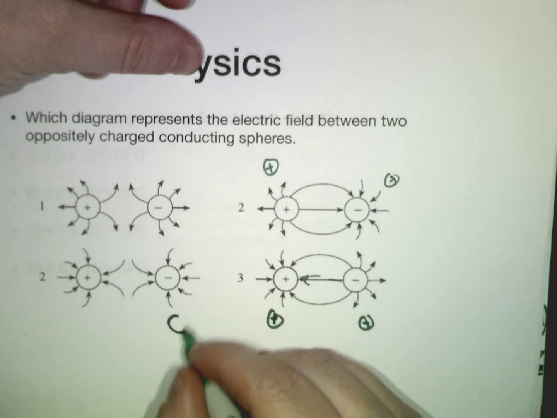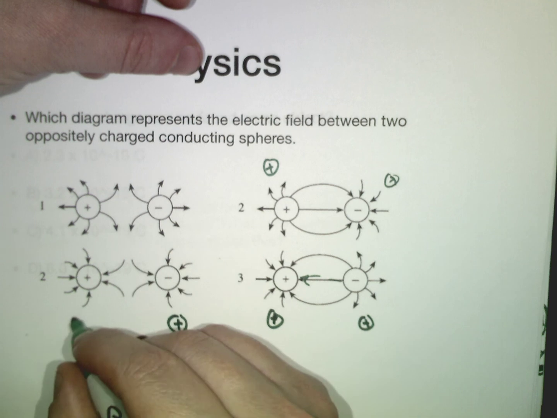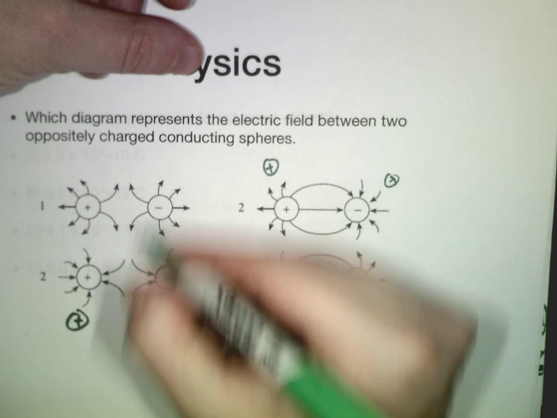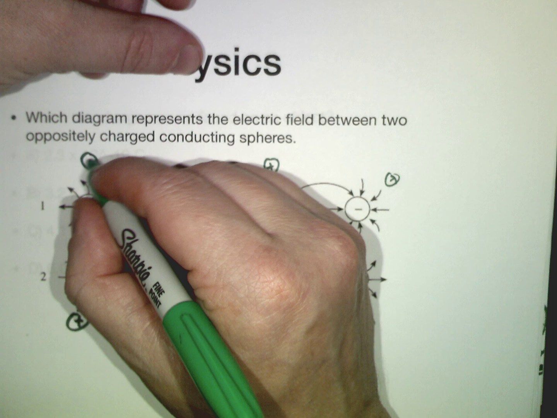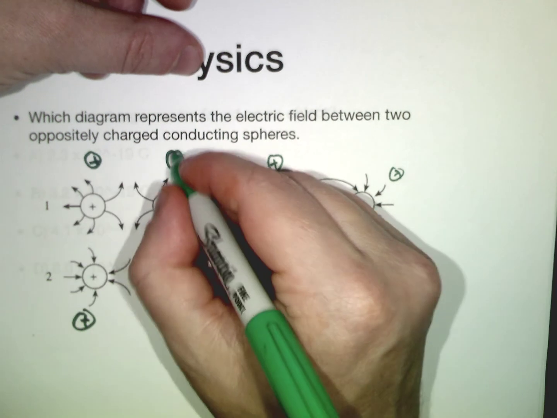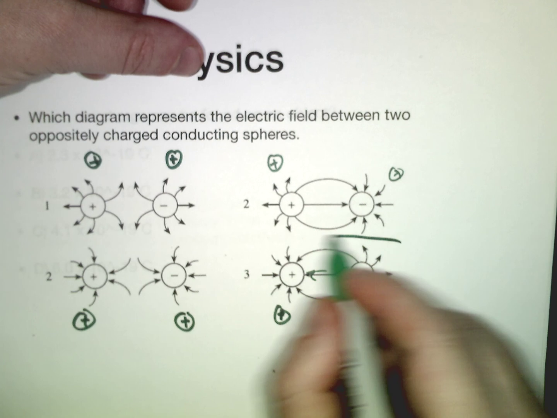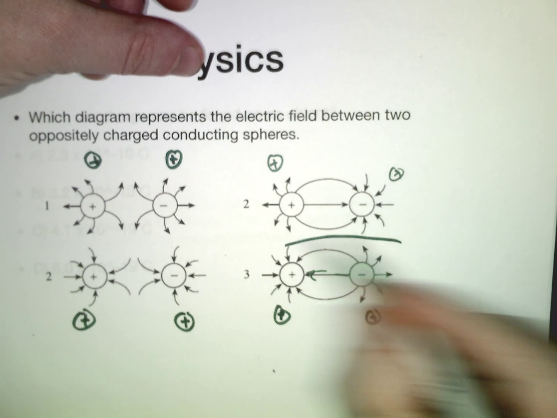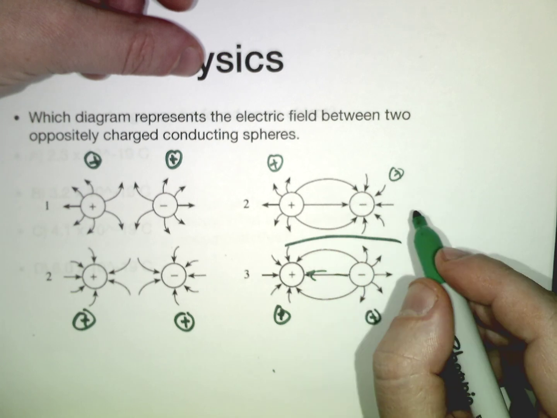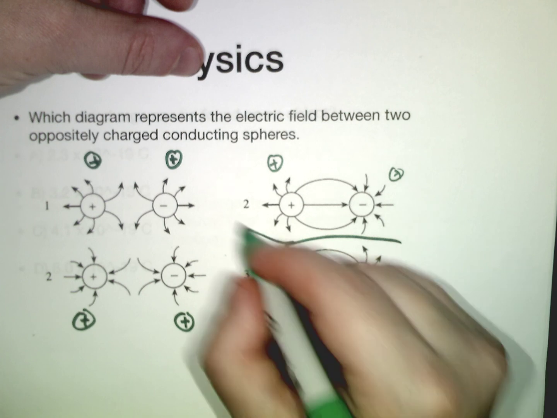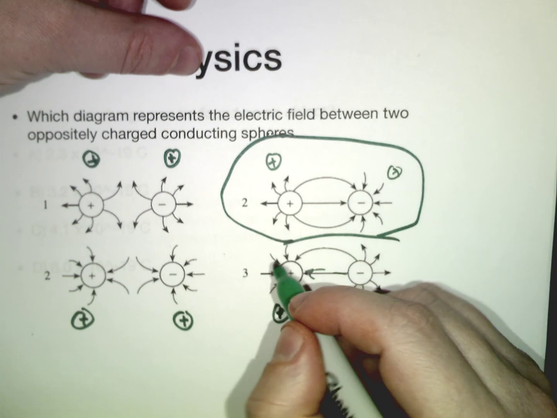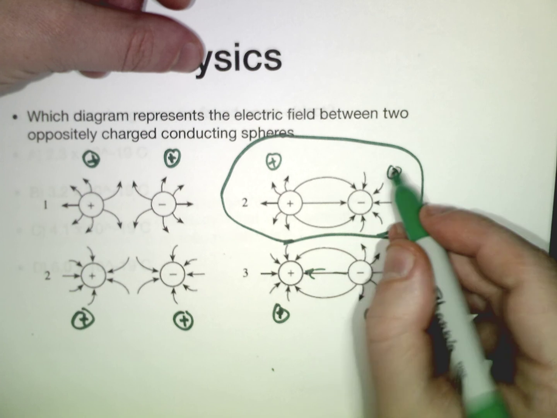Here it says a positive would be attracted and a positive would be attracted. That's not true. Here it says a positive would be repelled. That's correct, but a positive would not be repelled with a negative. Only possibility is this one, number 2. Positive repels a positive, negative attracts a positive.